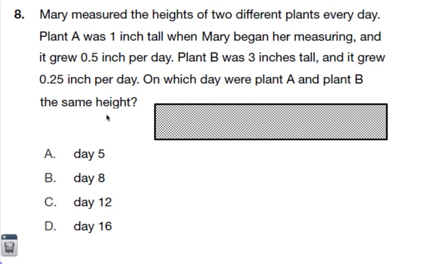Like, after 1 day, plant A grew half an inch, so after one day plant A was 1.5 inches tall, and after one day plant B was 3.25 inches tall. And then after 2 days, they were both this, and after 3 days, they were this. Just make a log day by day. But that's another way.